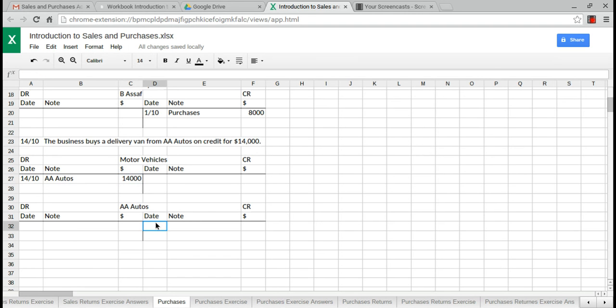Then we're still going to credit AA Autos. We're going to credit them because we now owe them some money. Bought a motor vehicle, and it cost $14,000.